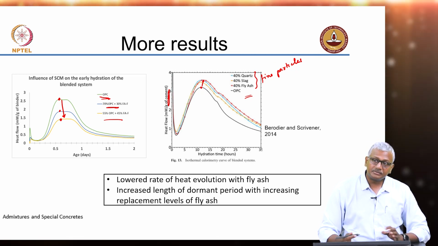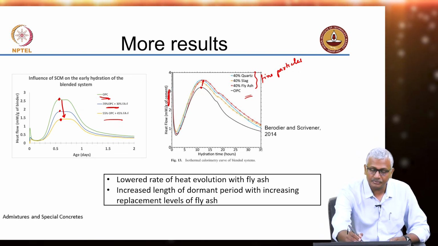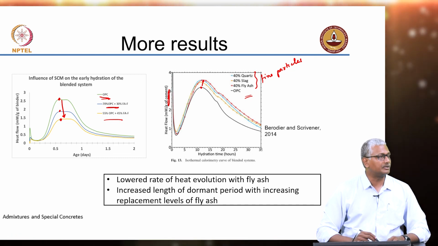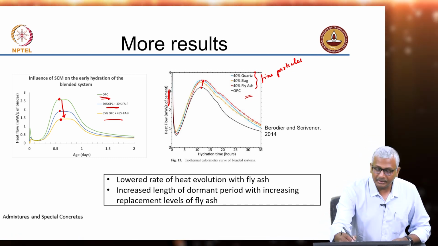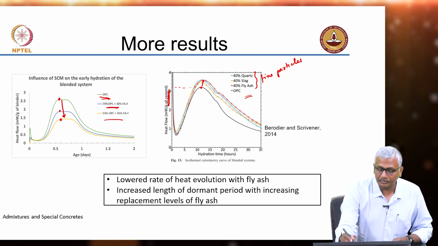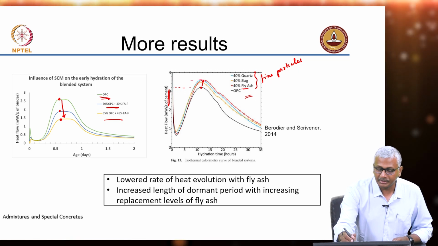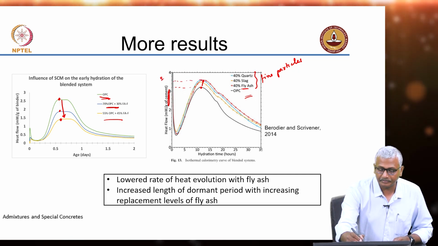But this is also attributable to the fact that the result is presented in terms of per gram of cement, right. So, here let us say this number is 3.2, whereas this number for the red curve with fly ash is about 3.6.